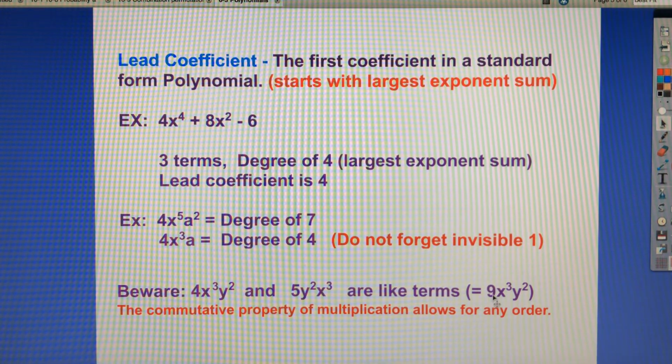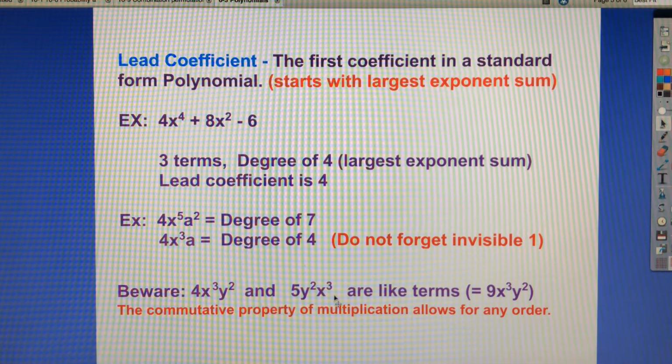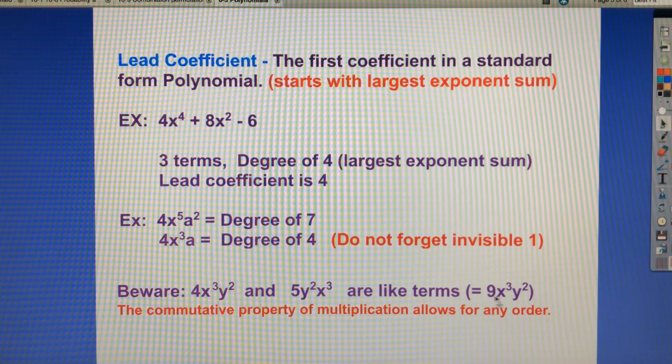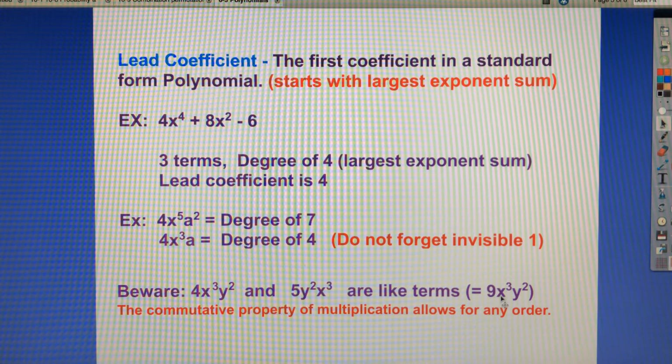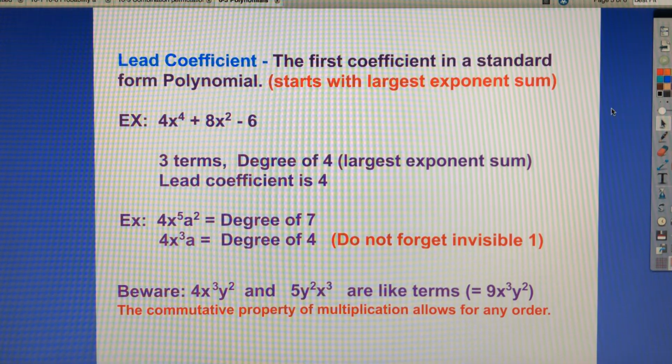This equals 9x to the 3rd, y to the 2nd. You add your coefficients and you combine the rest of the variables. So you actually have 9, 4 plus 5, x to the 3rd, y to the 2nd.